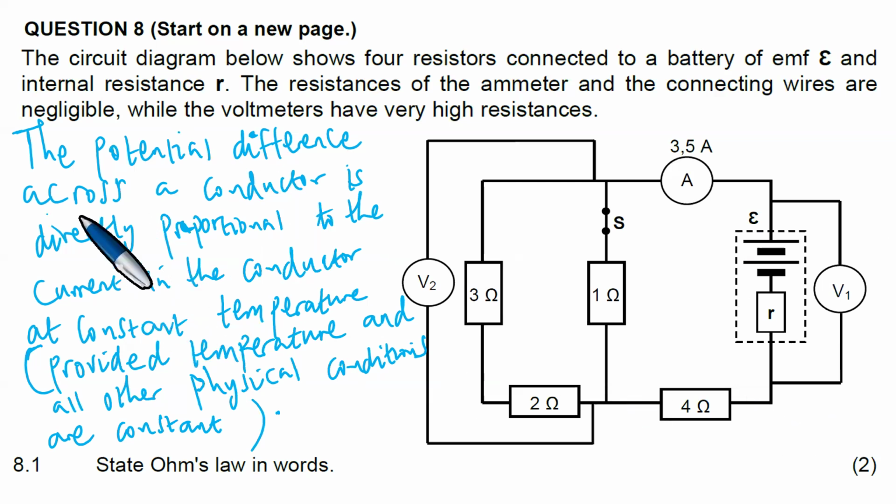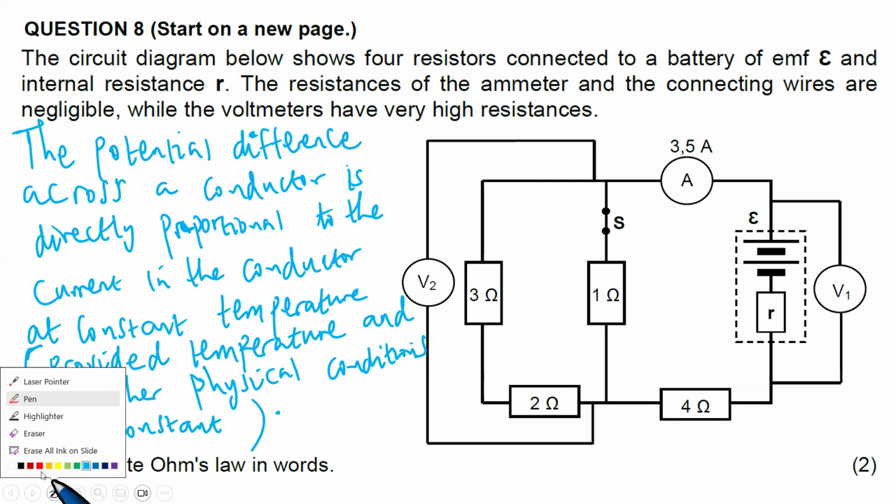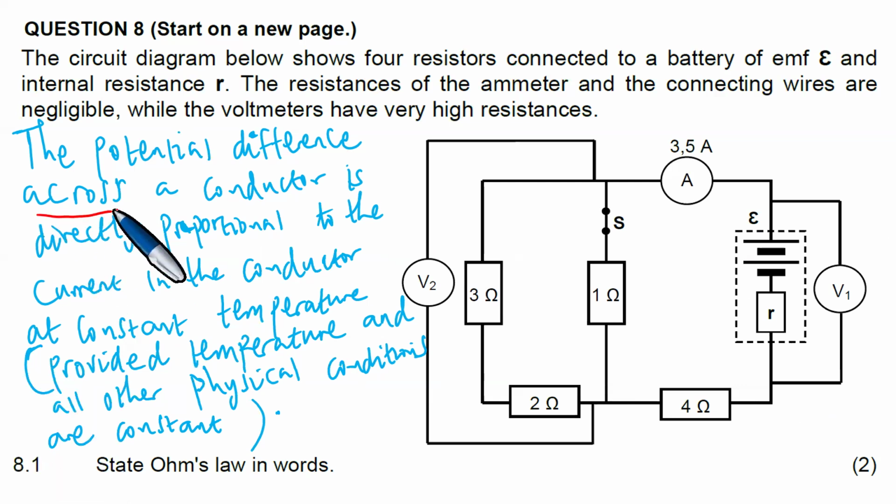This potential difference across a conductor is directly proportional to the current in the conductor at constant temperature, provided temperature and all other physical conditions remain constant.